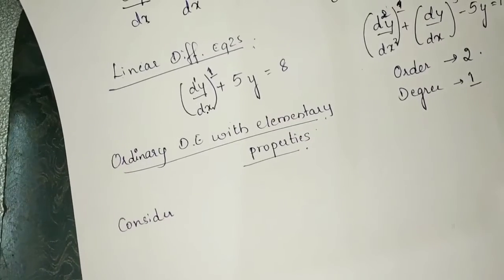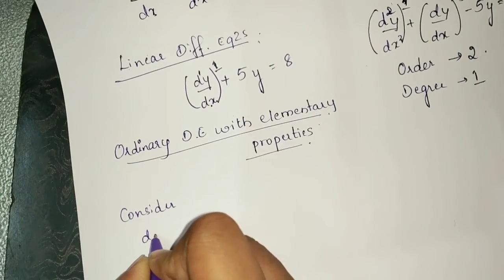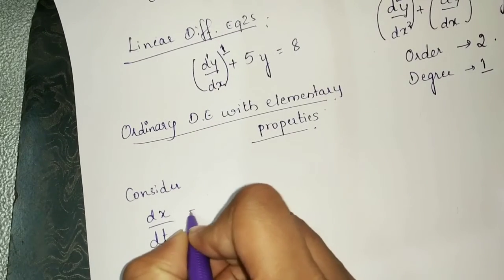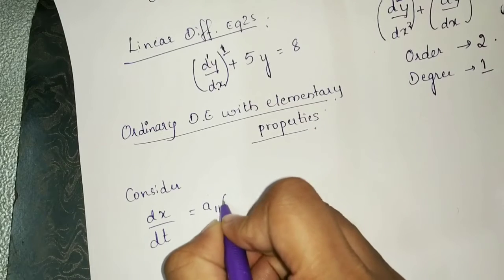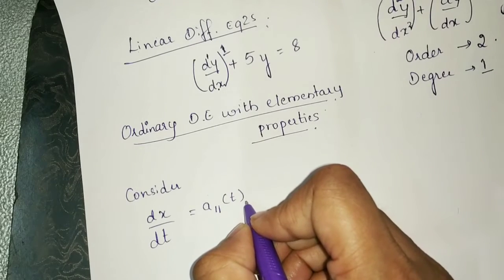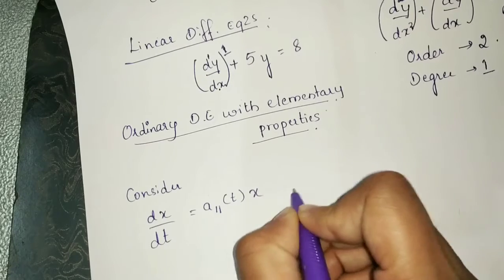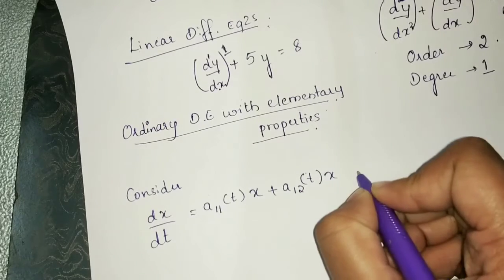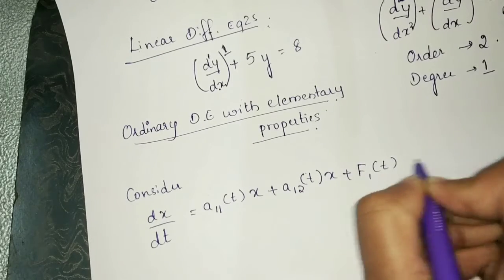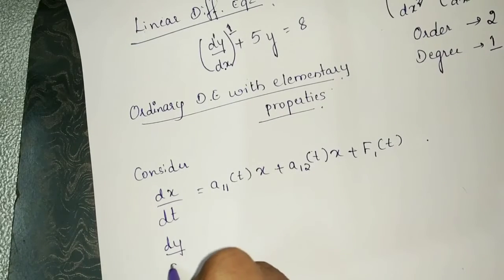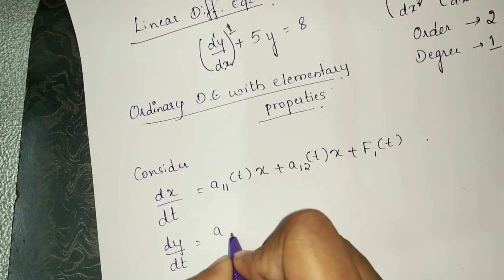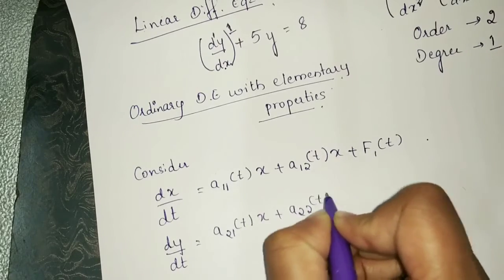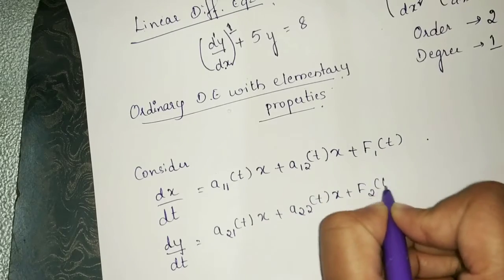As usual, I am also taking the same here. I am taking two differential equations: dx by dt equal to a11 of t into x plus a12 of t into y plus f1 of t, dy by dt equal to a21 of t into x plus a22 of t into y plus f2 of t.